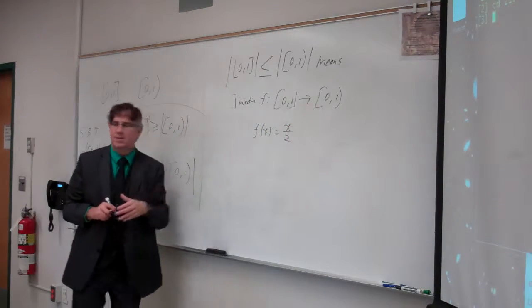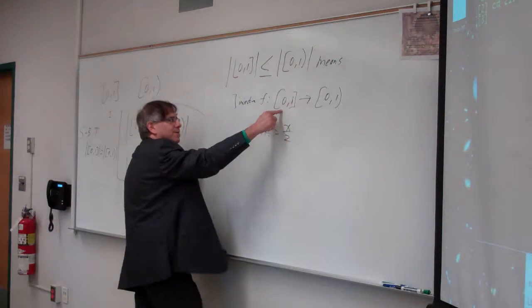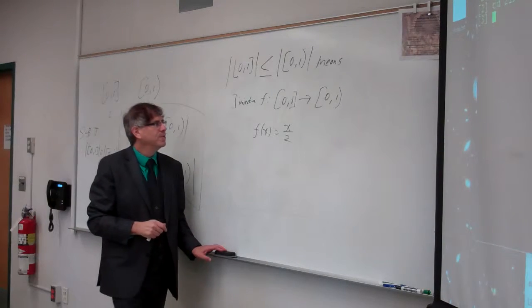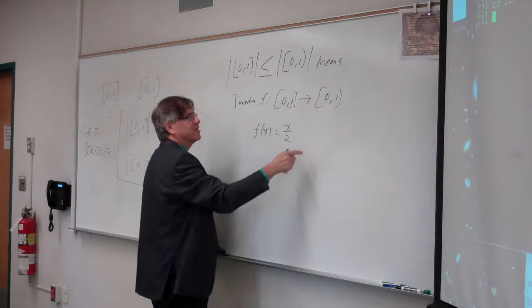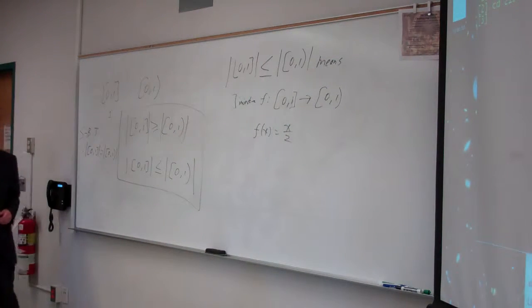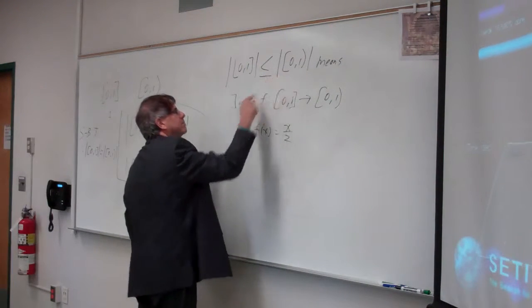And f of x equals x over 2 is such a map. If we have two different numbers here, they'll have different values when we divide by 2. And every number from 0 to 1 inclusive does lie in this range. It actually lies between 0 and 0.5. So that mapping confirms that this is the case.